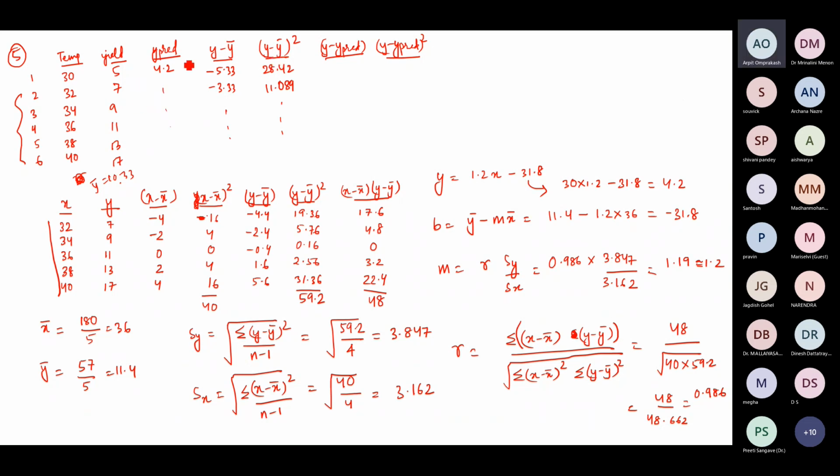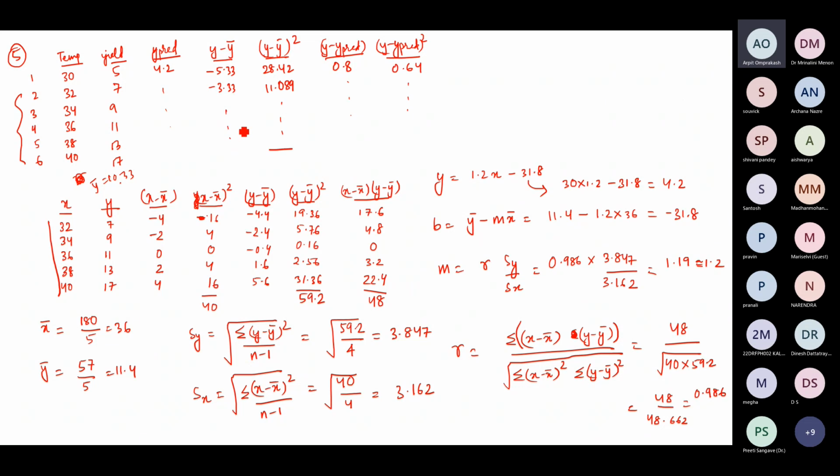Then y minus y predicted: 5 minus 4.2, which is 0.8. Then you square this, which is 0.64, and so on for all of these values.